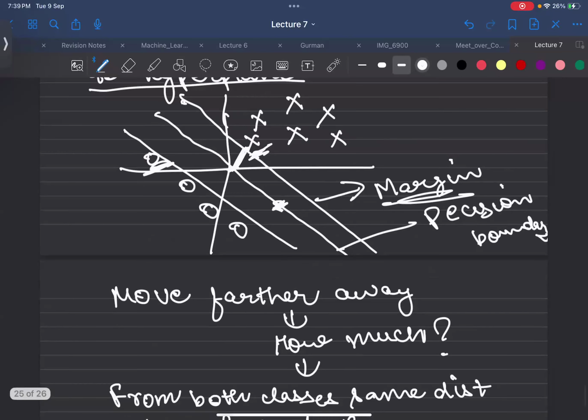Whatever the distance is between this closest point and the hyperplane should be the distance for the closest point on the other side. This point touching here, this point touching here, we draw a line, and that is the margin. So margin, what is it? The distance from the closest point to the hyperplane.